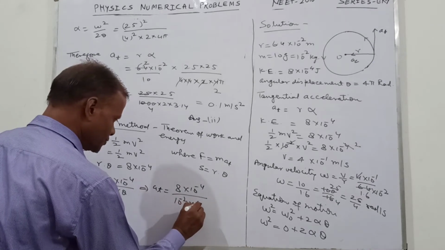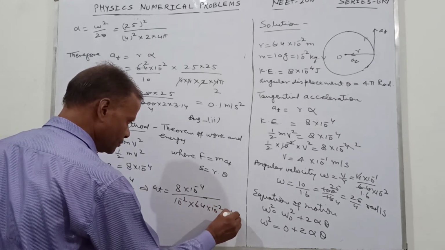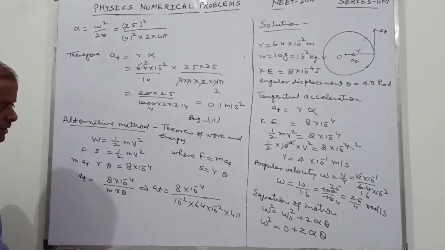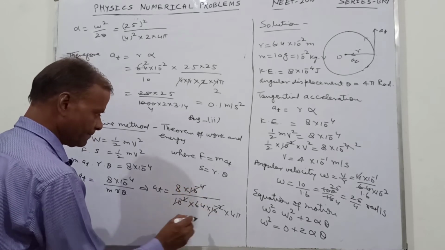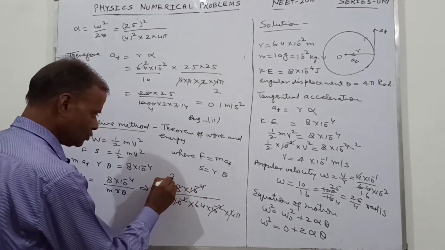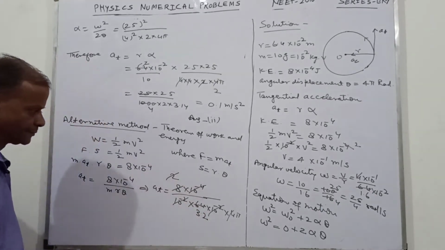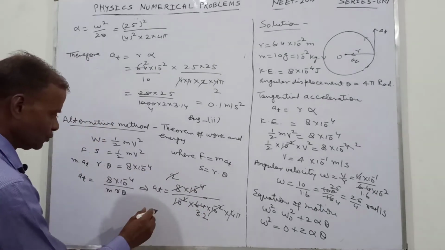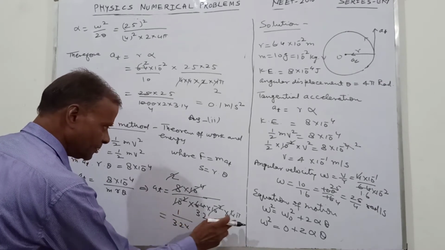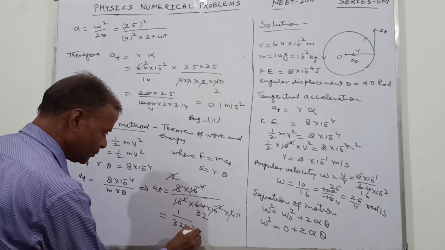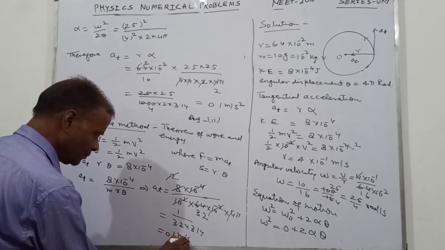R is given to be 6.4 into 10 raised to the power minus 2. Theta is equal to 4 pi. Right? So just you have this minus 4, this will cancel. 4, this is now your 2, this is now your 3.2. So now we are left with 1 upon 3.2, then value of pi 3.14. So if you divide, this will come out to be 0.1 meter per second square.